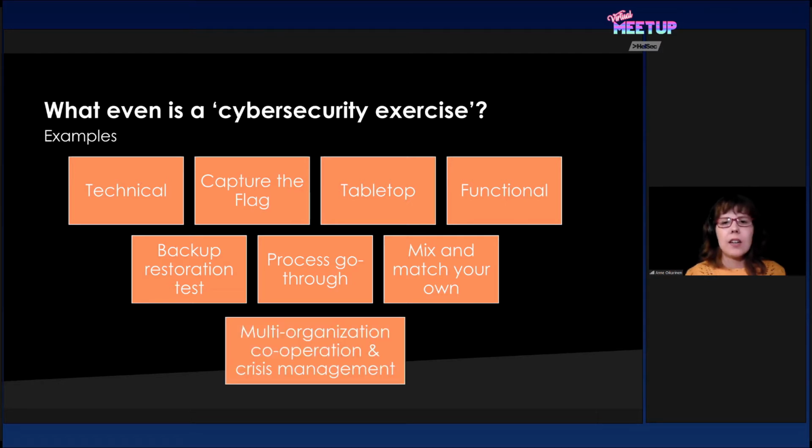And then there are these huge exercises like Theater 20 that you might have been seeing tweets and LinkedIn messages about. Theater was arranged by the National Emergency Supply Agency. And these have multiple organizations trying to cooperate.